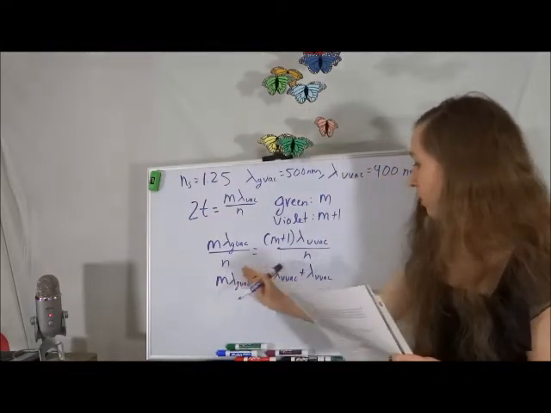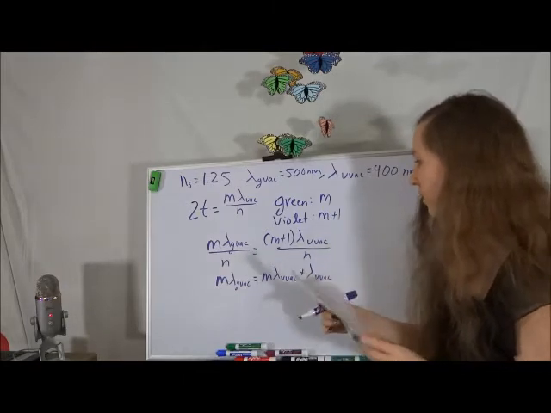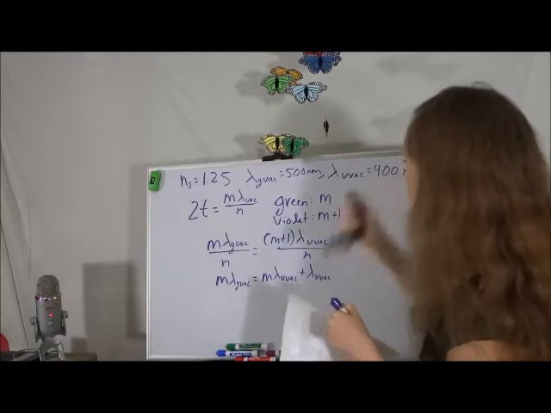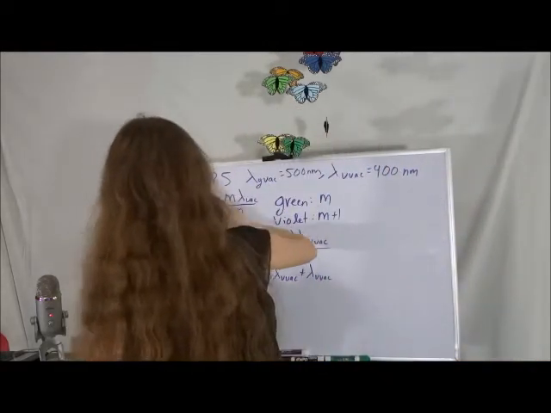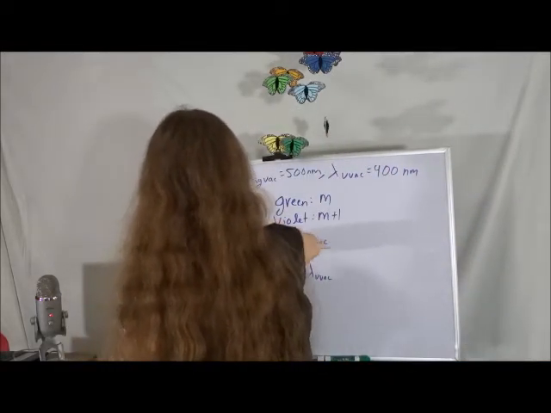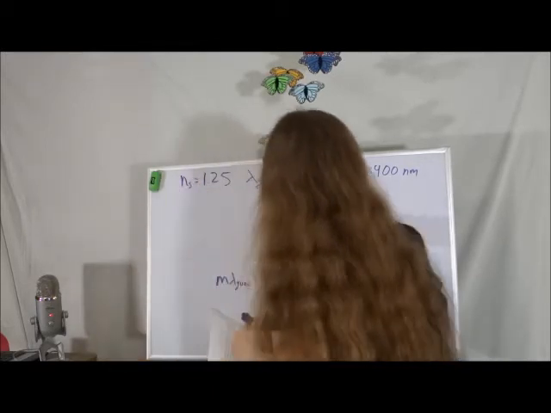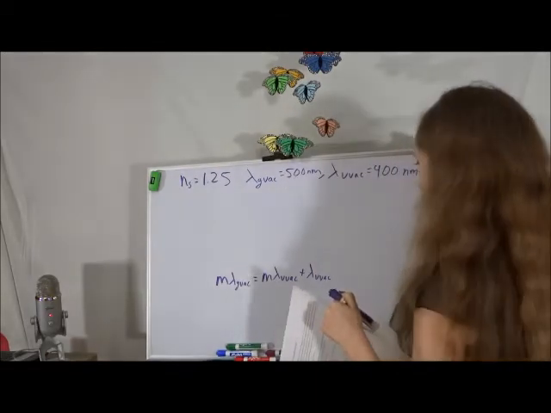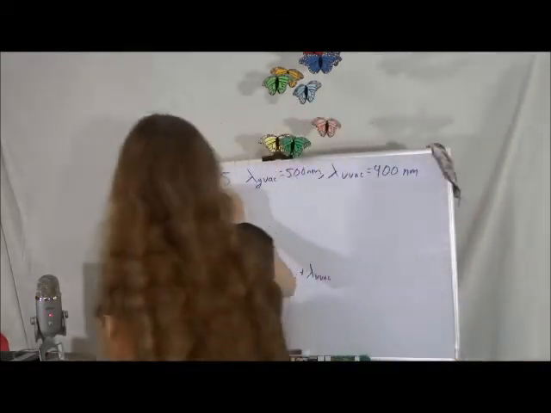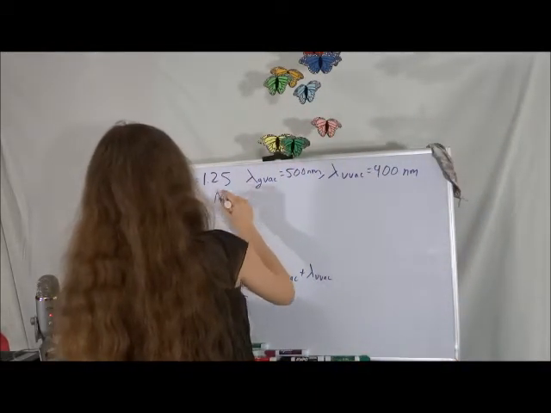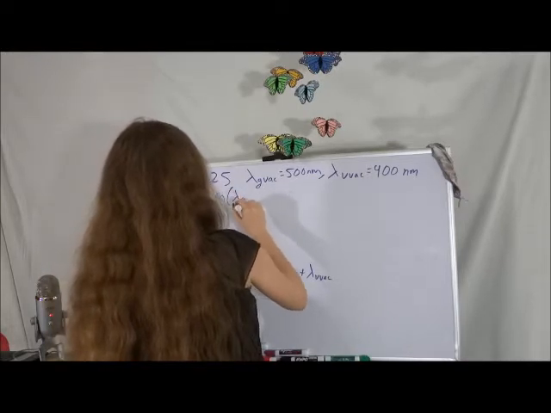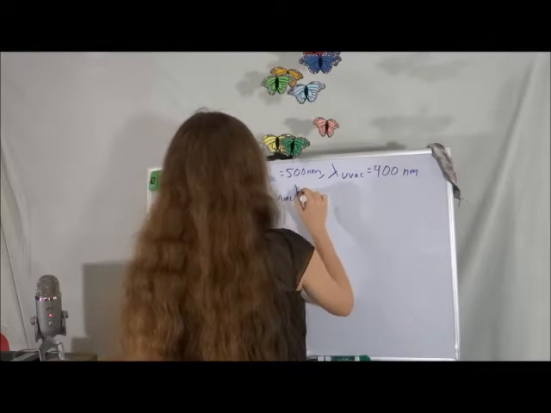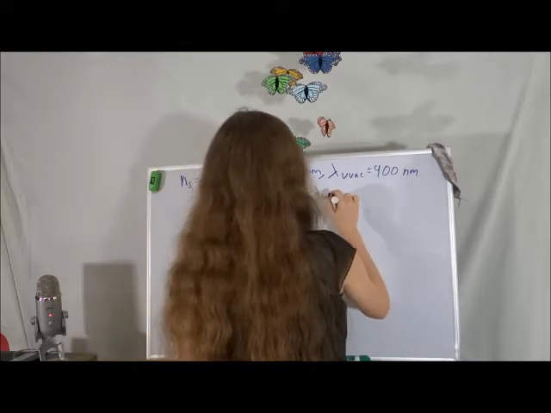I'm going to move the M terms over onto the same side and factor out the M. So we're going to have M times lambda G vac minus lambda V vac is equal to lambda V vac.